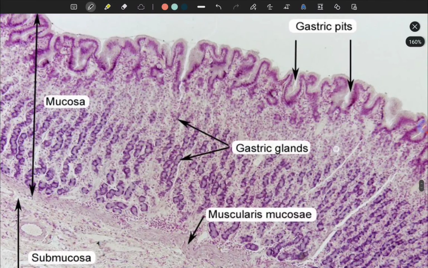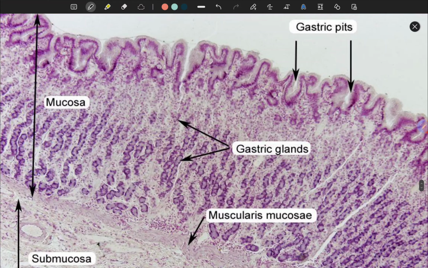If we look at this slide, which represents the full thickness of the mucosa with its gastric glands, we have here the lumen of the stomach, and the surface epithelium, which is covered by the usual simple columnar epithelium type. And we have the pits, which are openings into the mucosa.